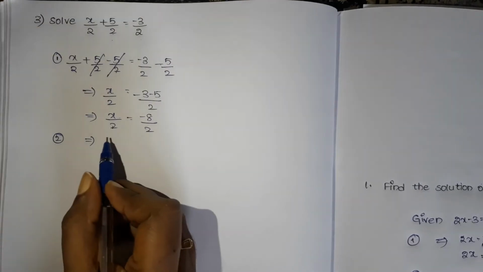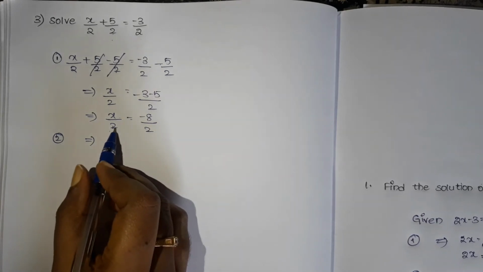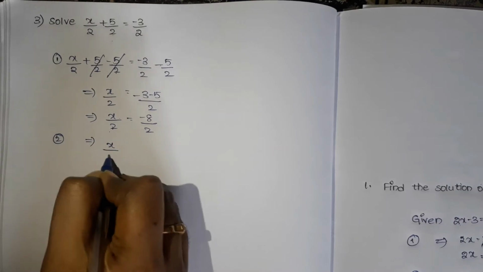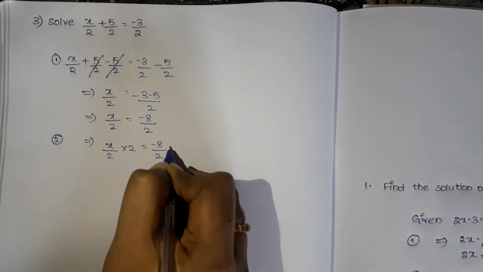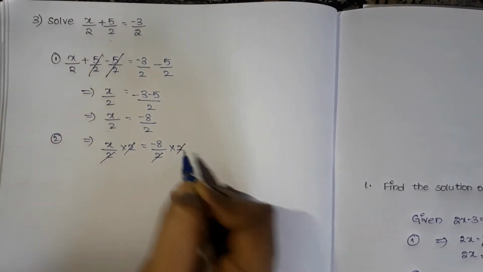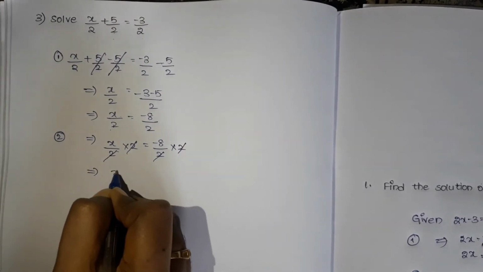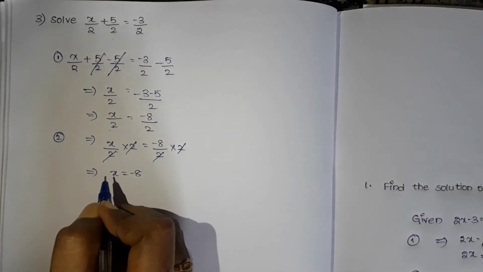We have to multiply both LHS and RHS by 2. That is x by 2 into 2 equals minus 8 by 2 into 2. Now 2 get cancelled. Now x equals minus 8. We have found the x value.